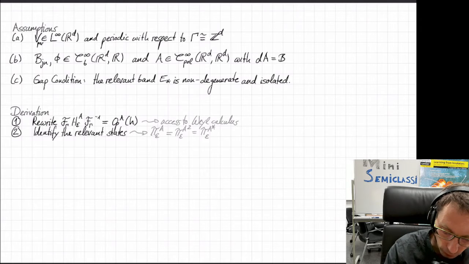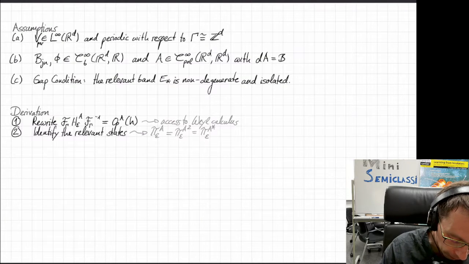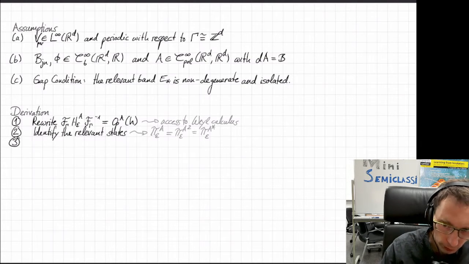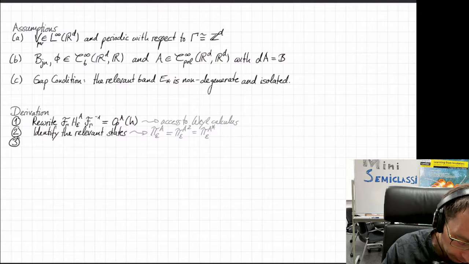Okay, then we have to add an intermediate step where we approximate the full time evolution by the time evolution given in terms of an effective operator.